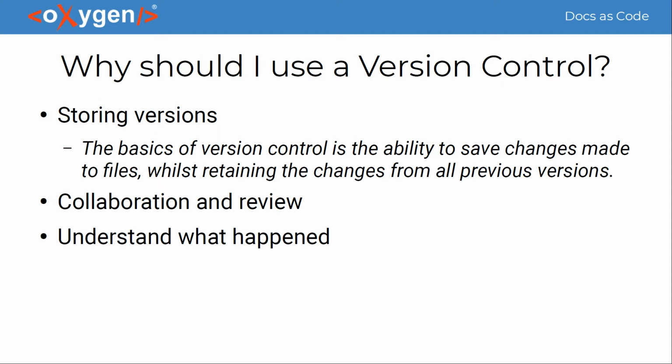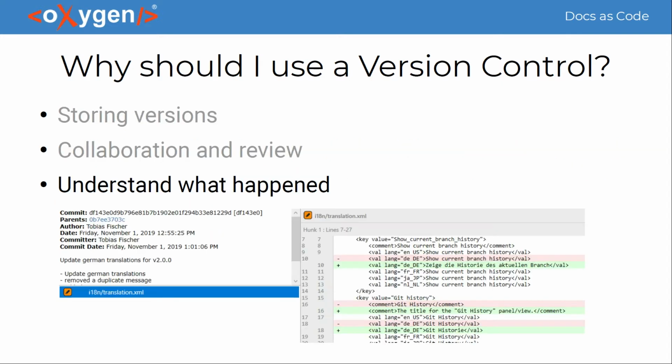Also, a great benefit is the fact that you always understand what happened to a particular document. So this is how changes are rendered, for example, in one client. You see here, I see that this line was removed, this one was added.